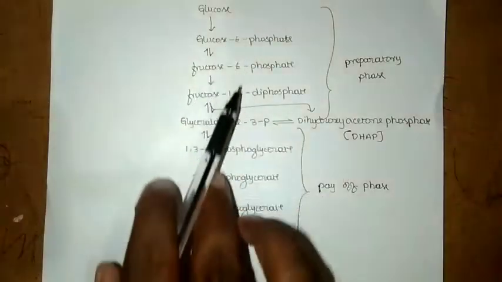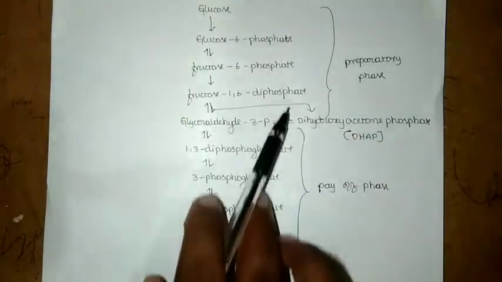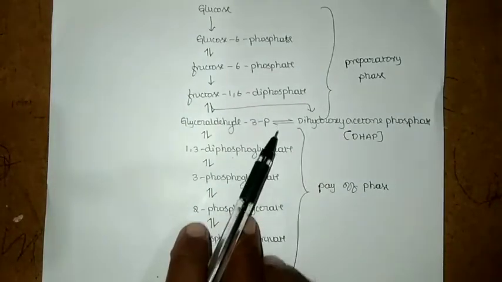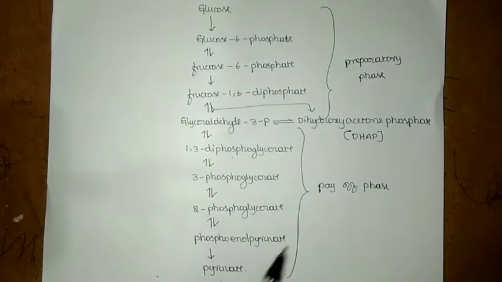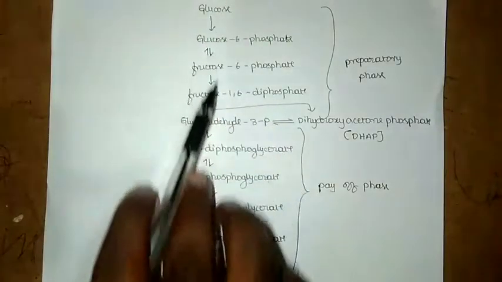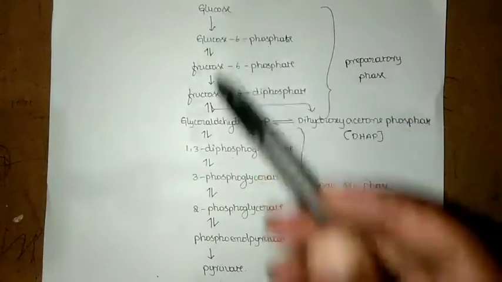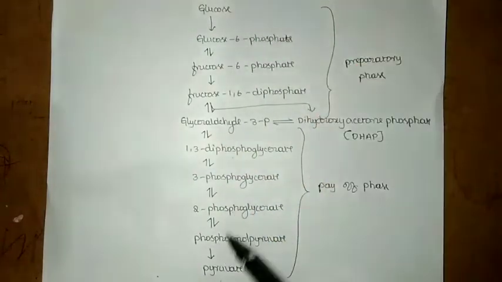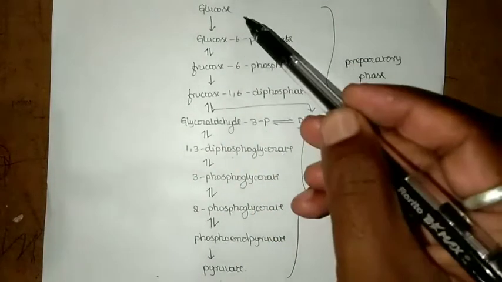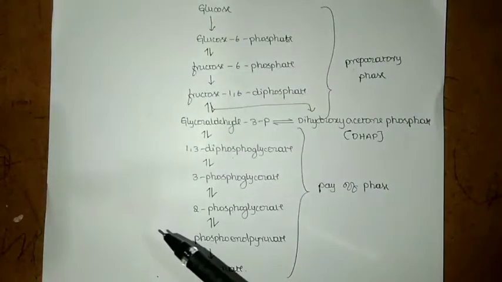That's why we call the first 5 reactions the preparatory phase, and the next 5 reactions are collectively called the payoff phase. And whatever conversion I have shown here, from glucose to pyruvate, up to here it is common for both aerobic and anaerobic conditions.